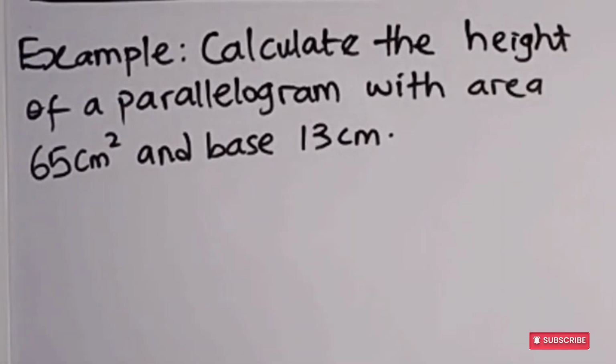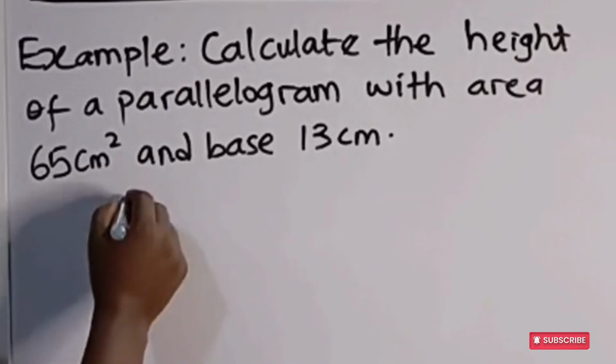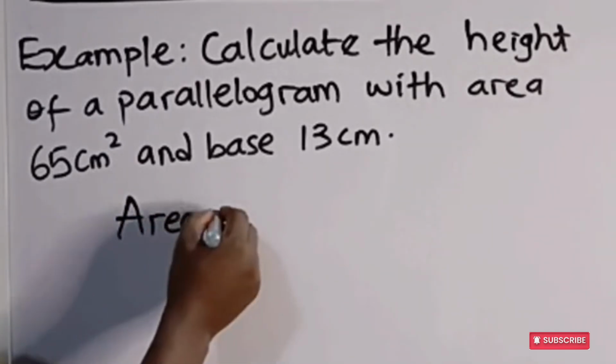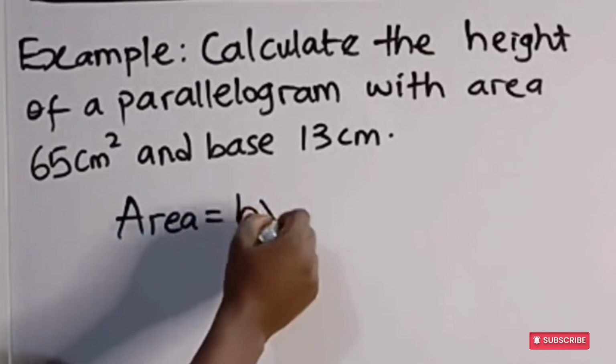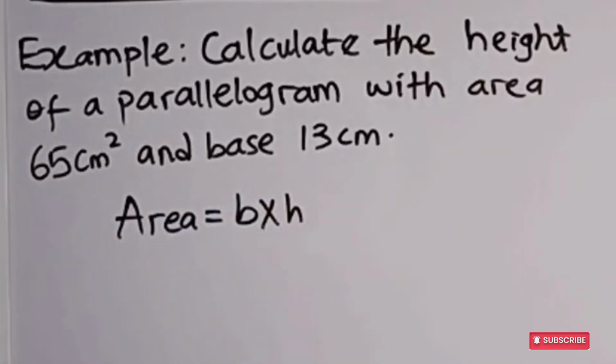In this simple question, we are told to calculate the height of the parallelogram when the area is 65 centimeters square and the base is 13 centimeters. This is another simple question that we can solve on area of a parallelogram. We know that the area is equal to the base multiplied by the height. That's the formula.